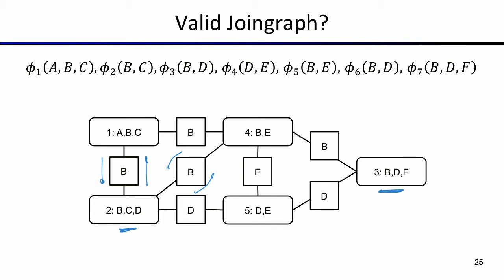We can see that by imagining what will happen when we send the messages. Imagine that this cluster sends a message mentioning b to this cluster, and this cluster sends a message that mentions b to this cluster, and this cluster is going to send a message mentioning b back to this cluster.